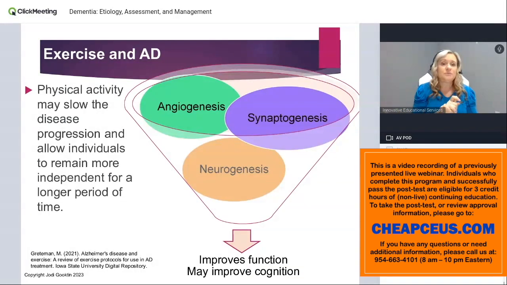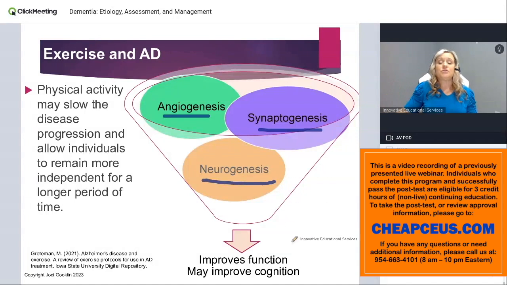Exercise is going to help support our patients with Alzheimer's disease. The idea is they think it's going to help with formation of new blood vessels, new blood supply, and help increase the connections within the brain, those synapses. They also think it might help with the formation of new neurons, which overall is going to help improve brain health for the individual.